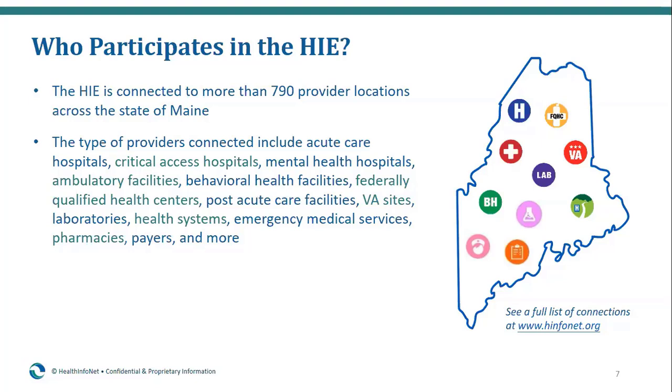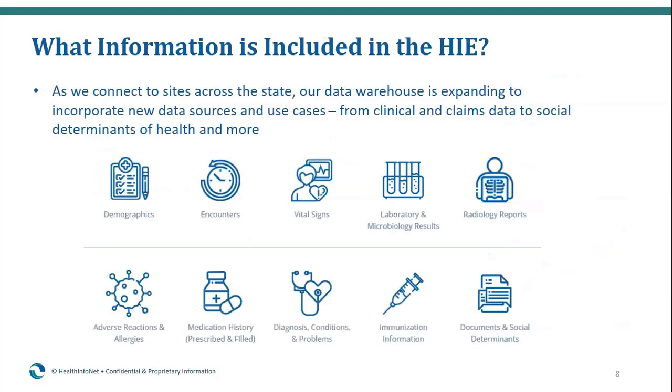But we're also connected not only to the hospitals, which are either the tertiary or the critical care access, but mental health hospitals, ambulatory facilities, behavioral health facilities, and FQHCs, our federally qualified healthcare centers, our post-acute care facilities, nursing homes or SNF units, as we call them, also the VA sites. We have reference laboratories, health systems. We have emergency medical services connected, as well as pharmacies and some payers.